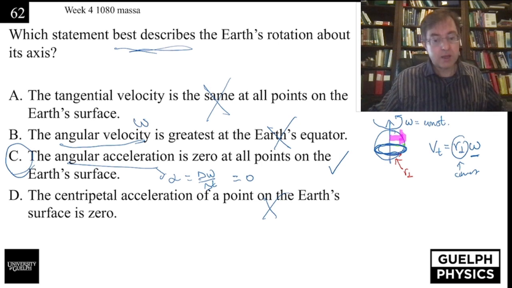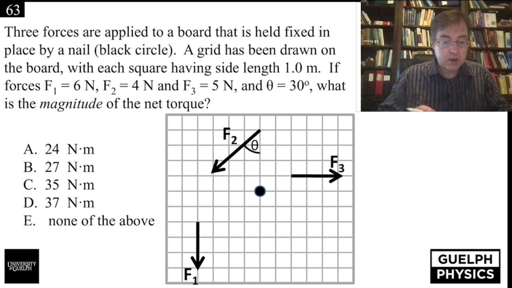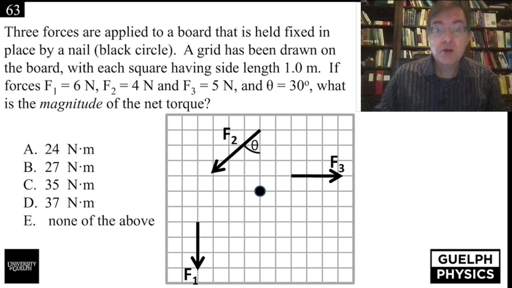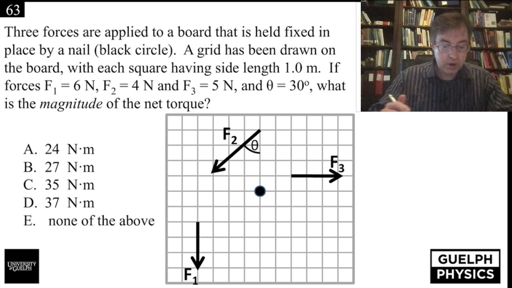All right. So let's move on to a problem involving torque. So 3 forces are applied to a board that is held fixed in place by a nail, a black circle. A grid has been drawn on the board for your convenience, with each square having a side of 1 meter. If the forces with the magnitude shown, F1, F2, and F3, and this angle, what is the magnitude of the net torque about this point?